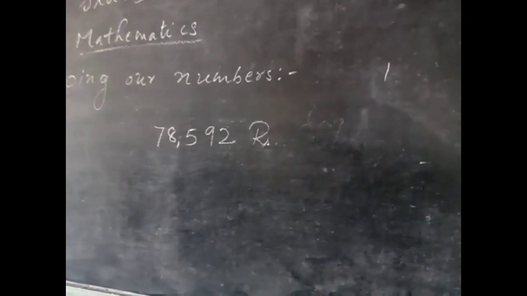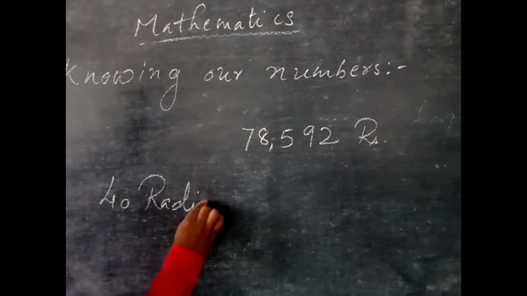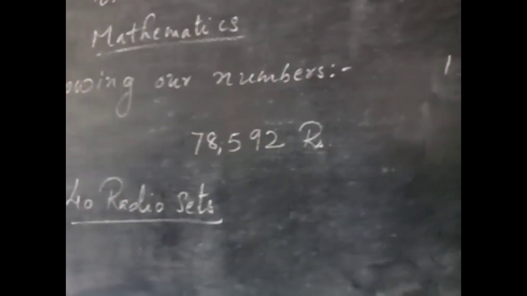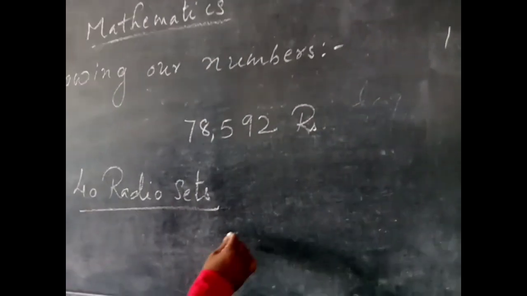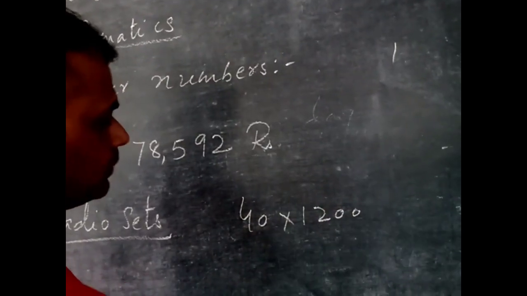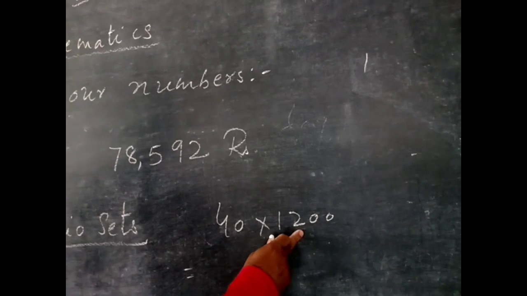How many radio sets? 40 radio sets, right? It costs how many rupees each? 1,200 rupees. So 40 multiplied by 1,200, right?